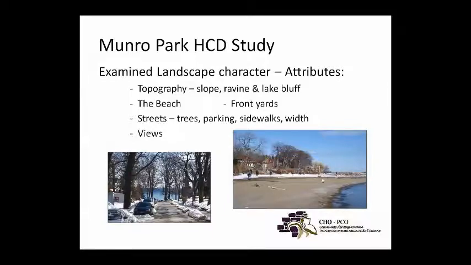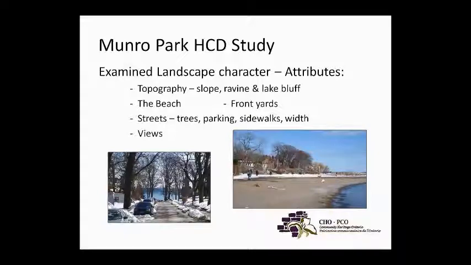There was also a ravine to the left of the Heritage Conservation that defined almost the east boundary of it. There was a bluff down to Lake Ontario. So you could look down this street, and there's the bluff and the beach along Lake Ontario.